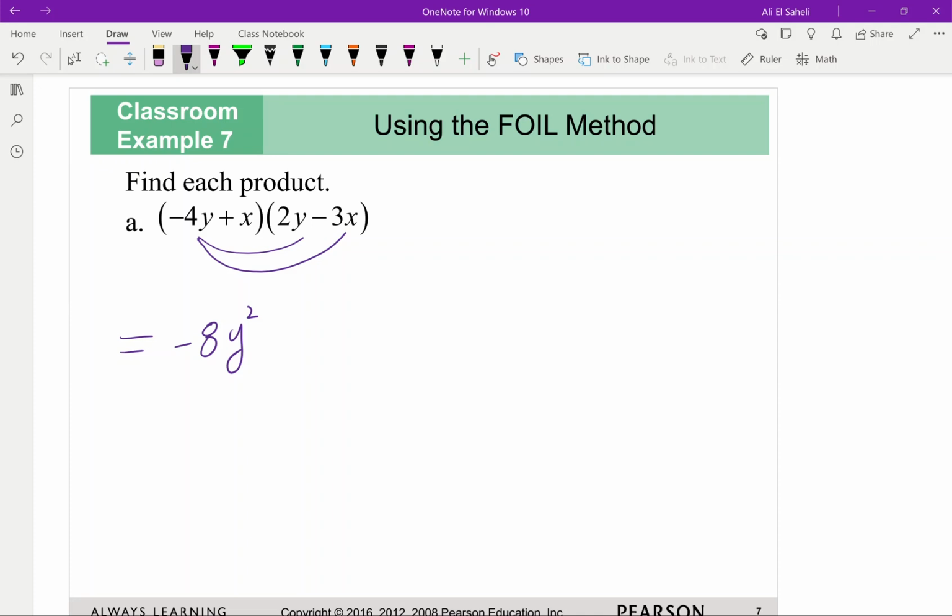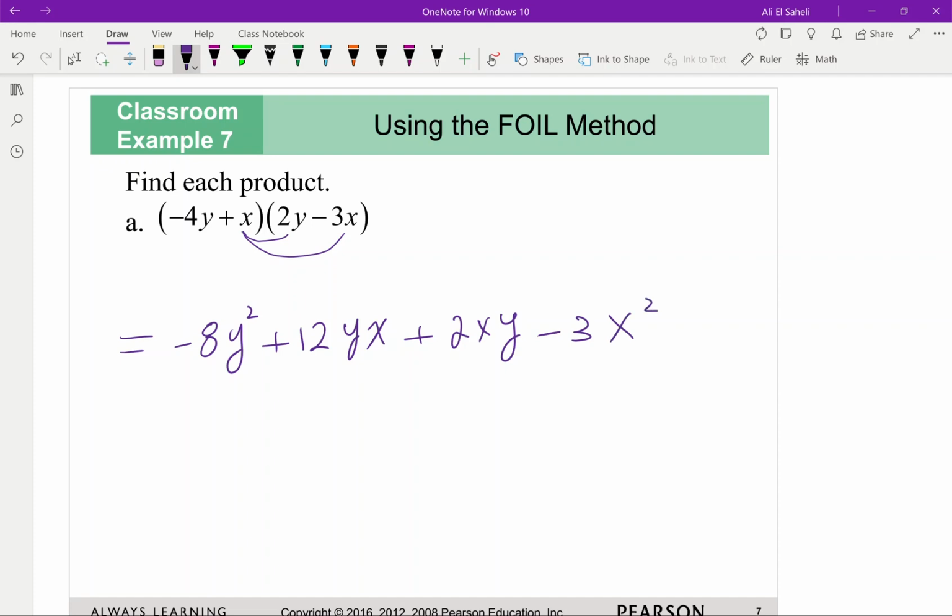Minus 4 times minus 3 is plus 12, and y times x, or xy, it's the same. Now we do the second term, x times 2y, 2xy, or 2yx. Then x times minus 3x, so minus 3x squared.